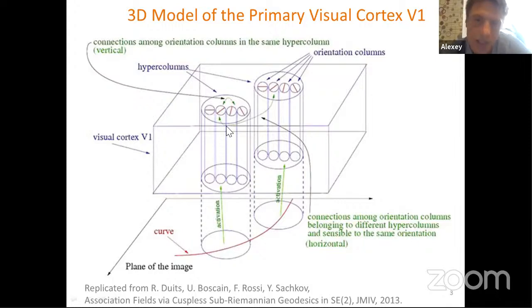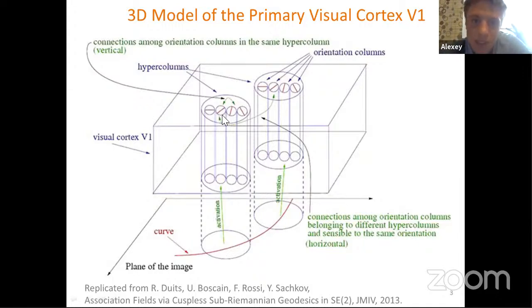There are two types of connection. The short-range connection, the vertical connection, means that if one of the cells inside the hypercolumn is activated, its neighbors are activated also with small amplitude. But what is more interesting, there is a long-range connectivity between the hypercolumns in different places of the retina that are far away from one another.